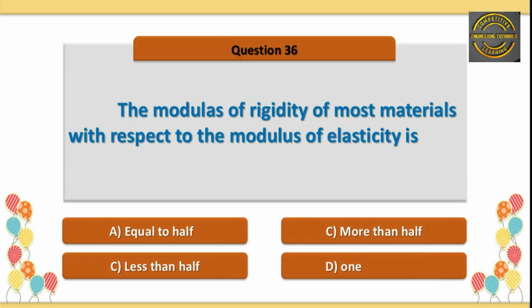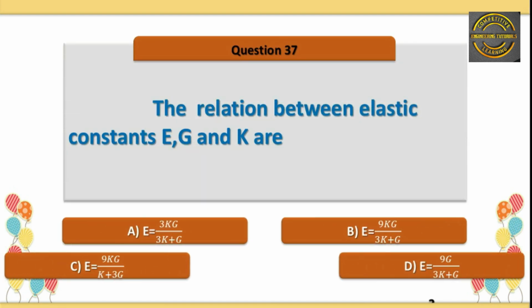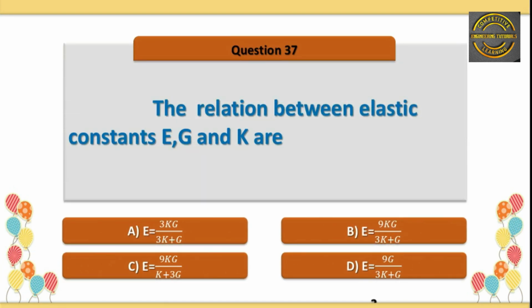Question number 36. The modulus of rigidity of most materials with respect to the modulus of elasticity is option C is correct, less than half. Question number 37. The relation between elastic constants E, G and K are option B is correct, E equal to 9kg by 3k plus g.